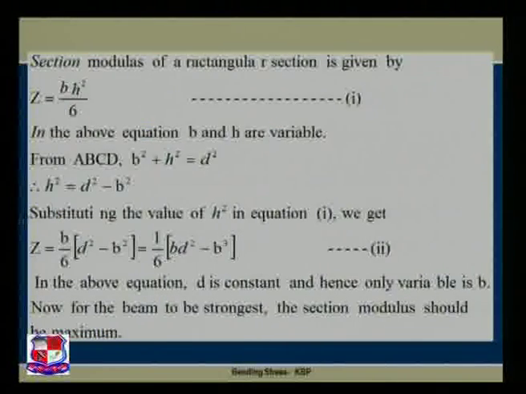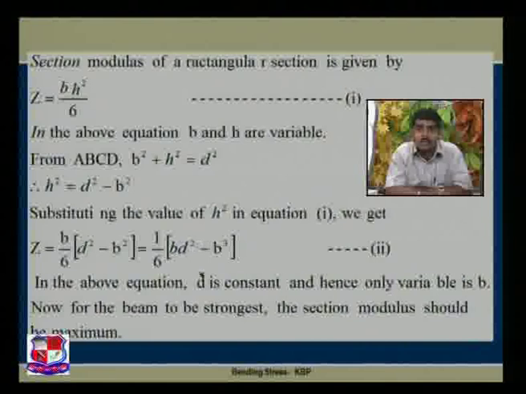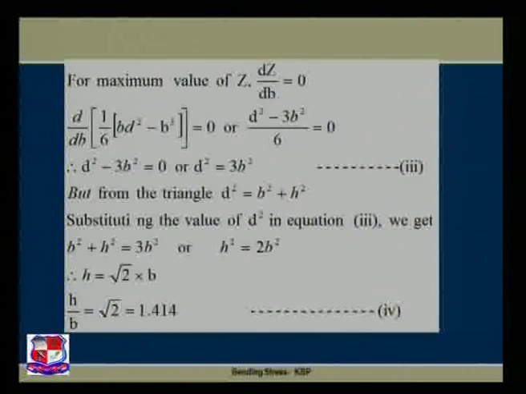So we achieve an equation in such a way that only one variable remains, in terms of B. Referring to the second equation, Z is equal to 1 by 6 bracket B d square minus B cube, only one variable parameter is there. So for the maximum value of Z, dZ by dB is equal to 0.